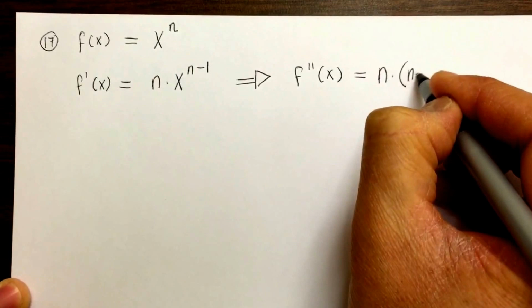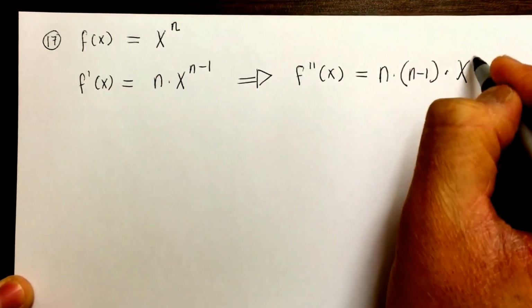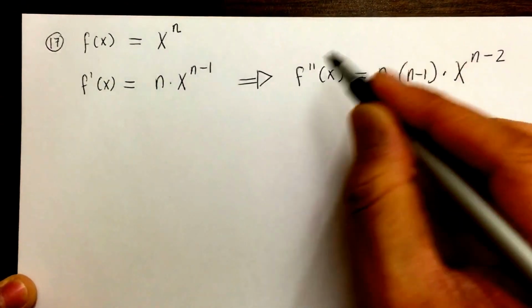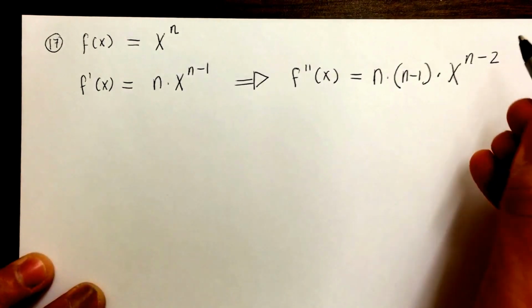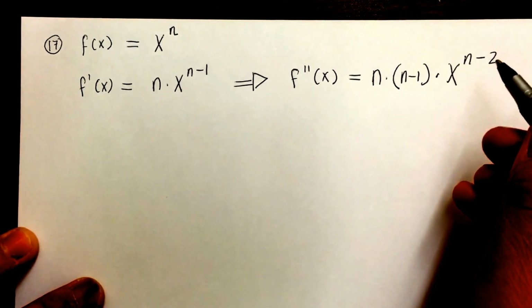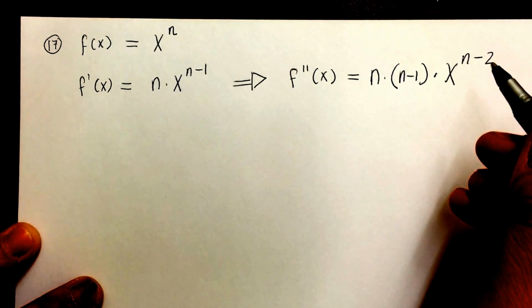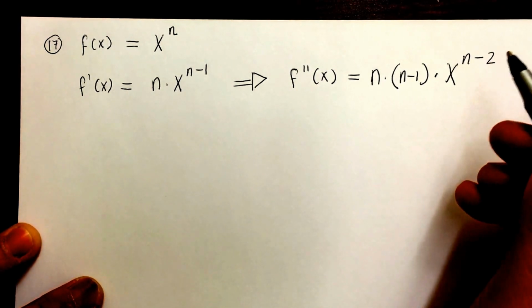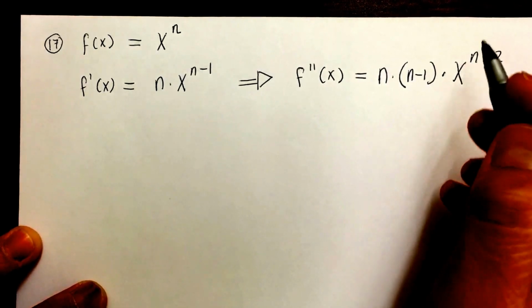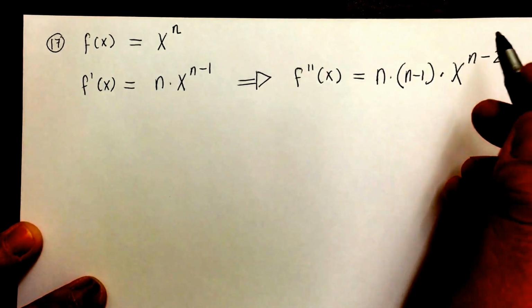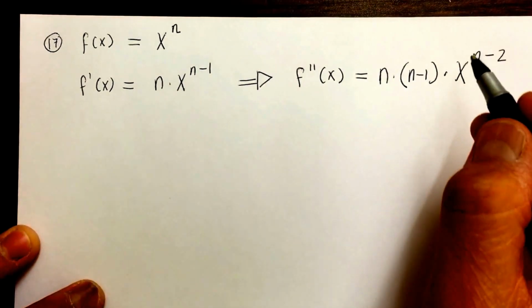So we bring the power down and we subtract one more unit, and that's the second derivative. And so it says the graph of the function will have an inflection point when n is either even or odd, for all values, for no values, divisible by 3.